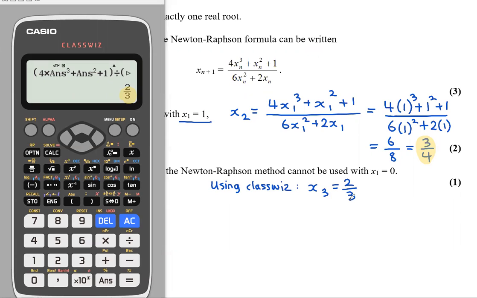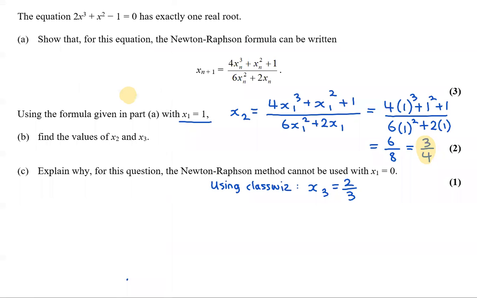And then if it asks for multiple terms, so x4, x5, you just keep pressing equals and it would do it for you, and so on and so on. So that's using the calculator. It's all explained in the numerical methods lesson on the Newton-Raphson method. Okay, so we've got x2 and x3.